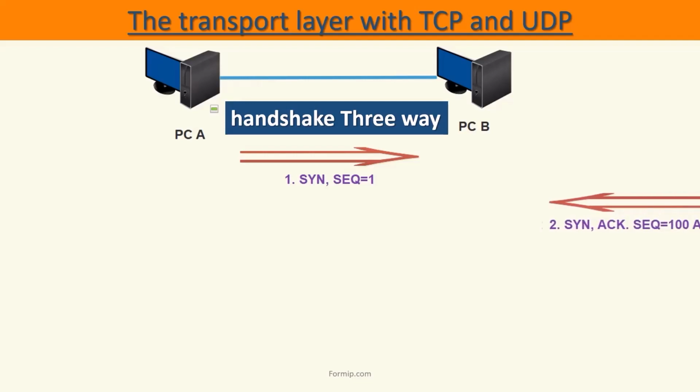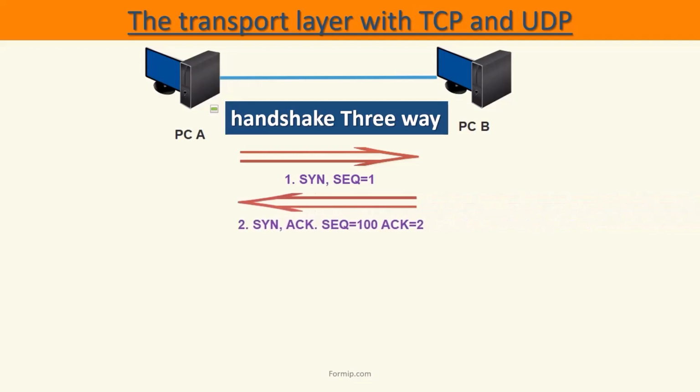Then PCB responds to PCA, sending a message of SYN, ACK, synchronize acknowledge. It will generate a random sequence number between 0 and 4,294,967,295. For our example, let's say it's 100.